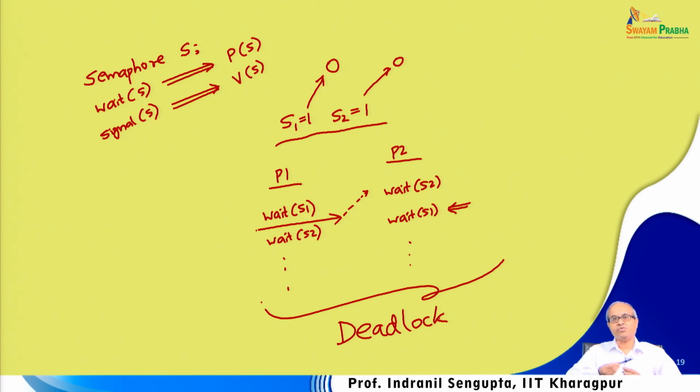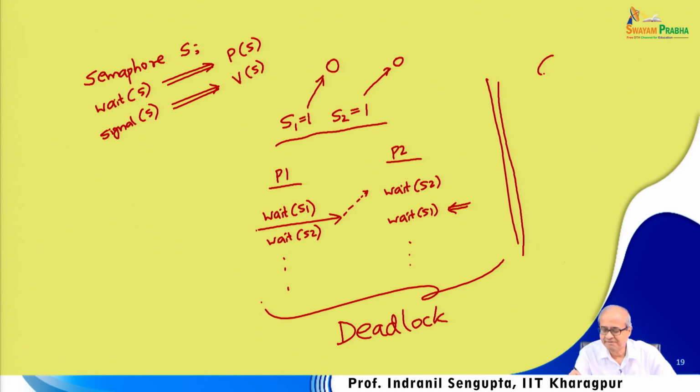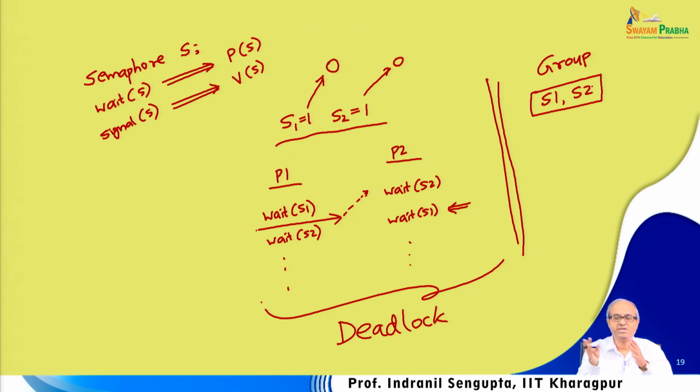So, what is the way out? Well, one solution you can think of is this: although we are using two semaphore variables S1 and S2, let us define them as being part of a group. We say that S1 and S2 are a pair of semaphores which we would not look at separately, but as a group.